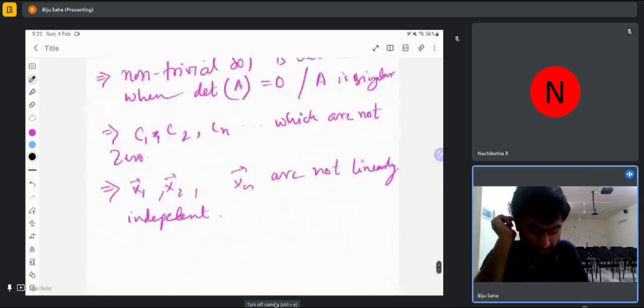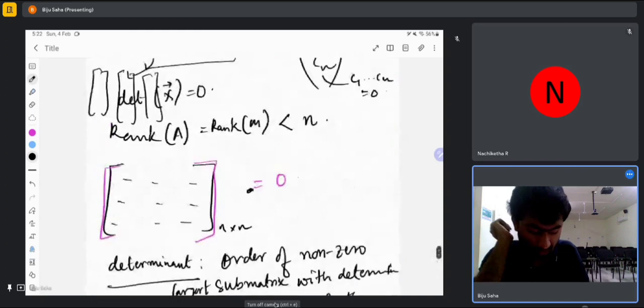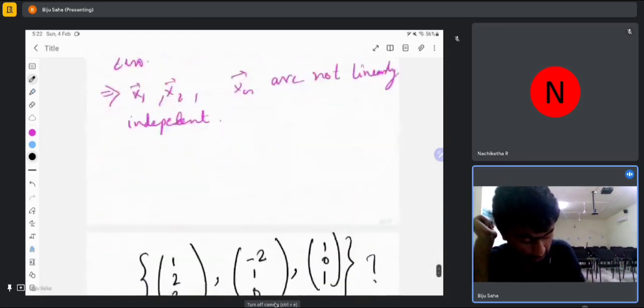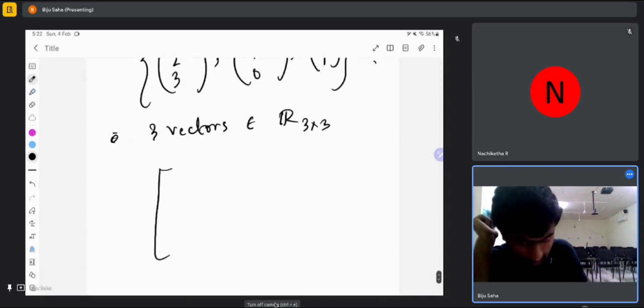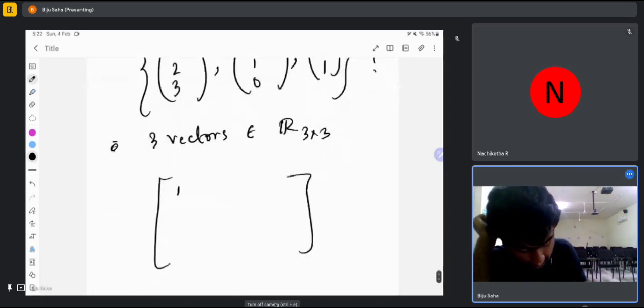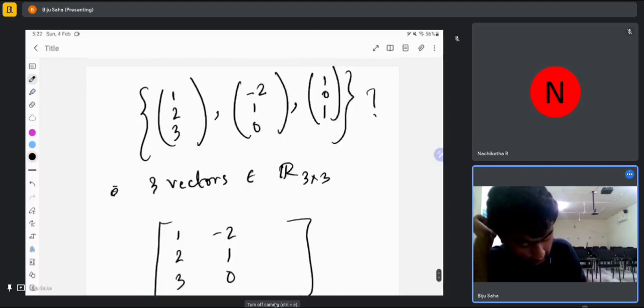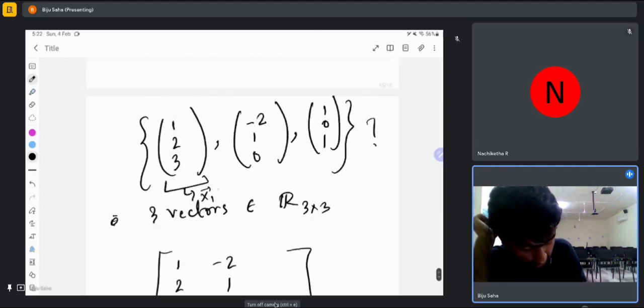So the matrix corresponding to this particular problem would be given by each element, like -2, 1, 0. Here this is the x1 vector, x2 vector, and this one is the x3 vector.